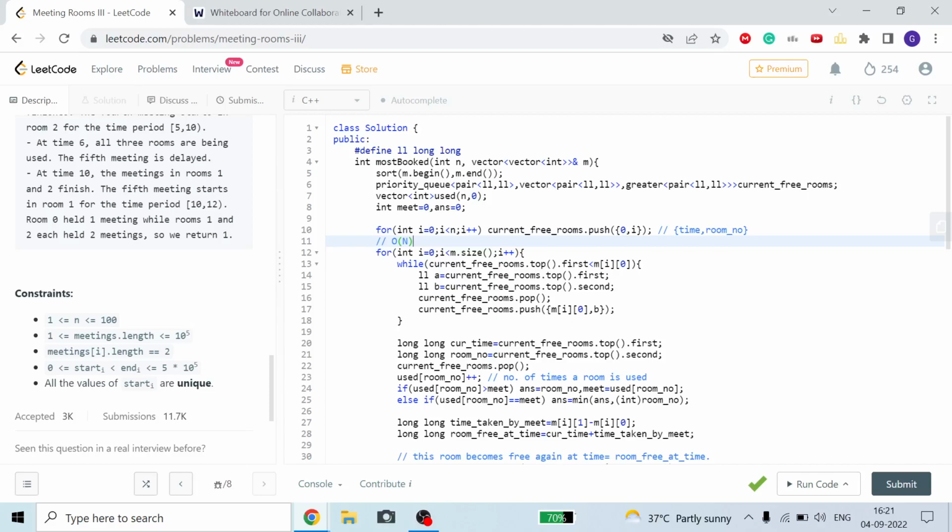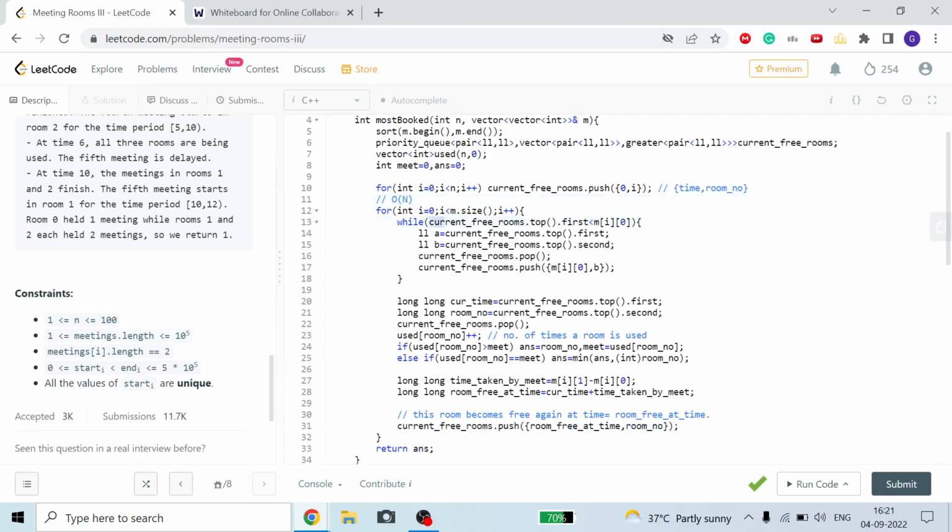Then, while the free time of the current room is less than the time I require, I will remove this element, because I cannot update an element in my priority queue. This is the biggest fault a priority queue has. I can only do push and pop operations. So I will push the new updated time, which is free at mi0.